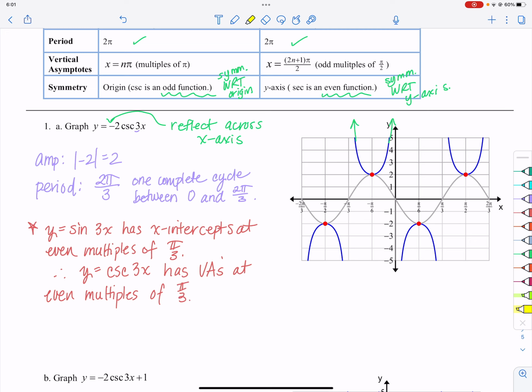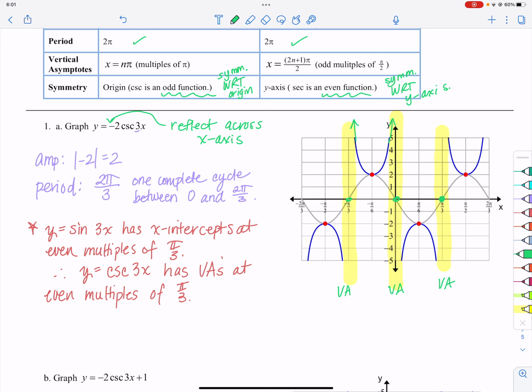So as you can see, I'll use maybe a highlighter this time. Take a look at that. Pi over 3, negative pi over 3. And as you can see, we have zeros on the graph that are now vertical asymptotes for the cosecant. So it's very nice, I believe.